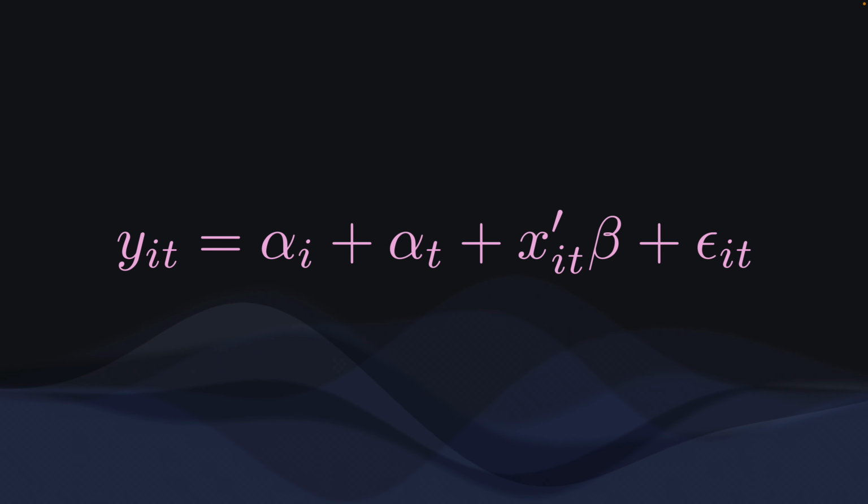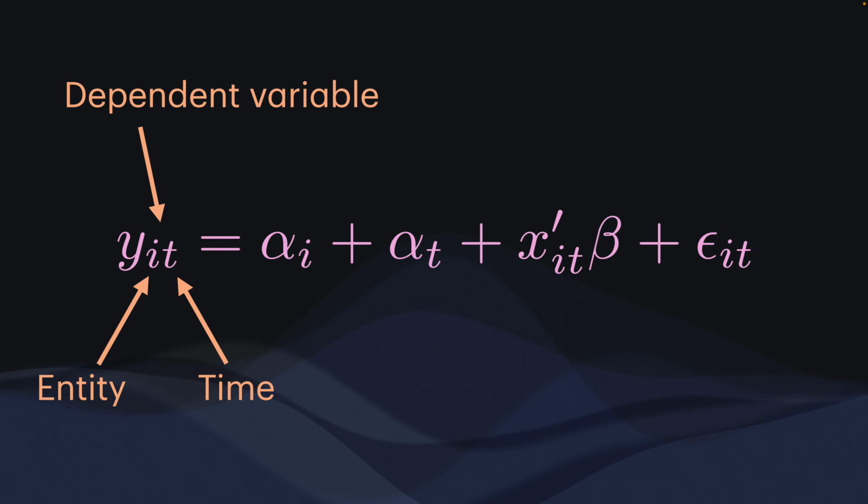Linear panel data models have the form y_it equals alpha_i plus alpha_t plus x_it prime times beta plus epsilon_it, where y_it is the dependent variable for entity i at time t.